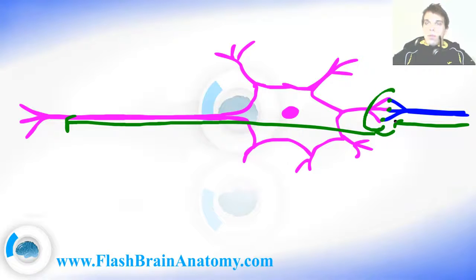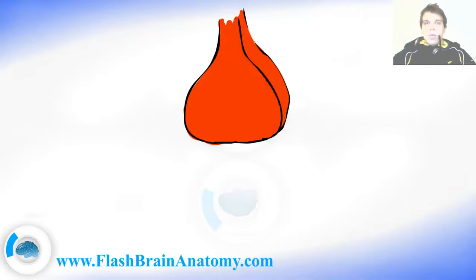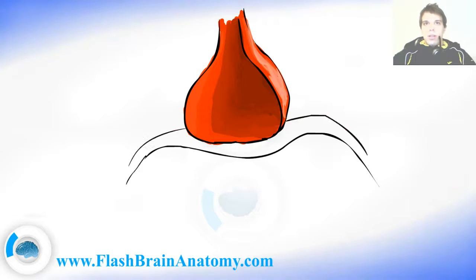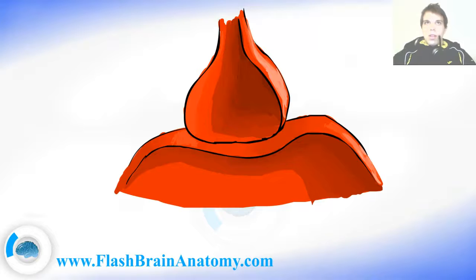And I have drawn that more in detail to show you how it looks and how it functions. So first we had an axon of one neuron. Then there was a dendrite of another neuron. Imagine if we split the cells in the middle just to see what's inside.